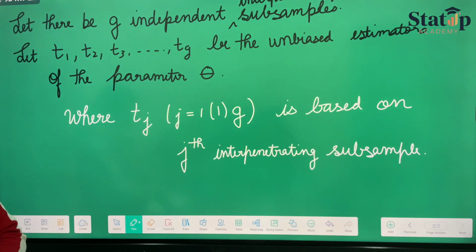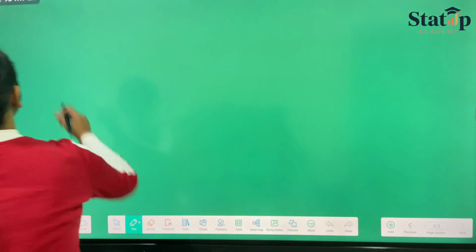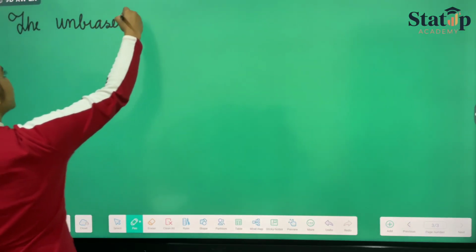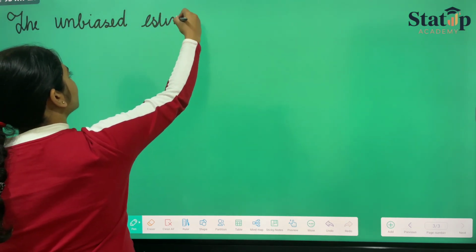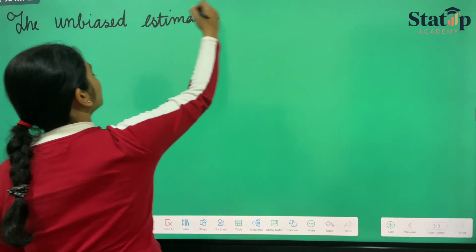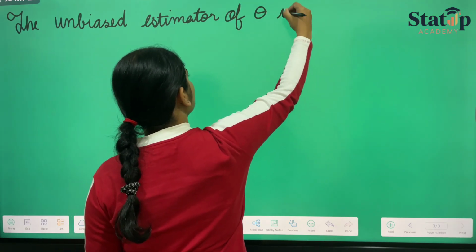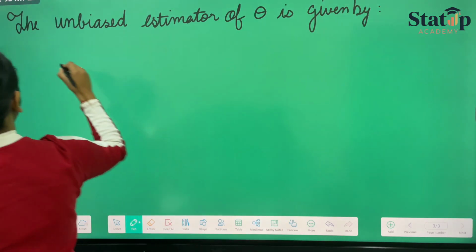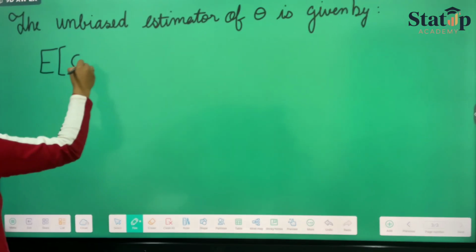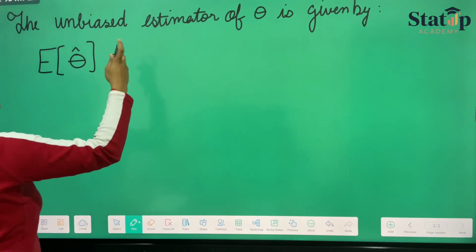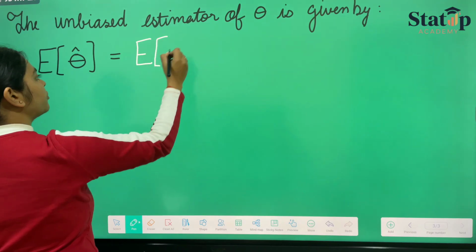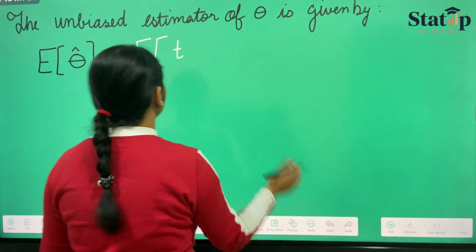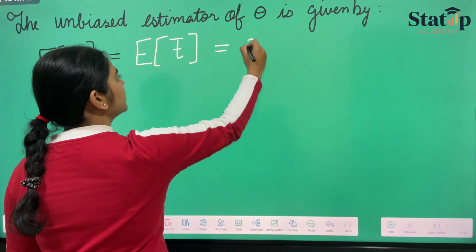So now the unbiased estimator of theta is given by theta cap. Expectation of theta cap is equal to expectation of T bar, which is nothing but theta only.